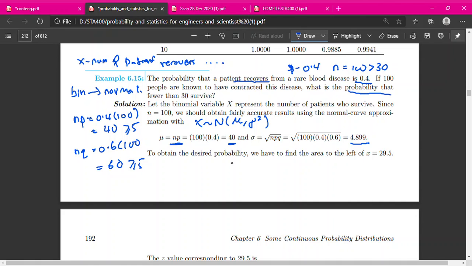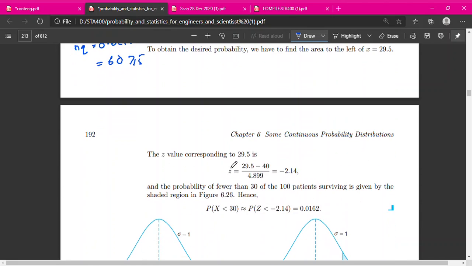So nak cari sekarang ni, probability that fewer than 30 survive. Survive maksudnya recover lah. So at first, actually kita nak cari probability of x less than 30. So because kita buat approximation, kena buat continuity correction. So daripada x less than 30, kena tukar kepada z.